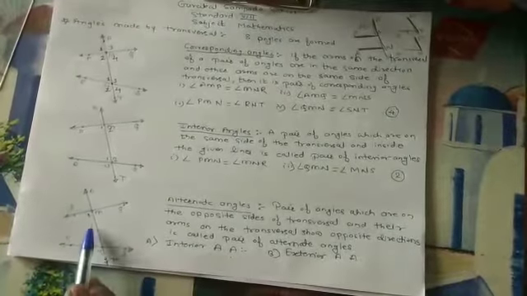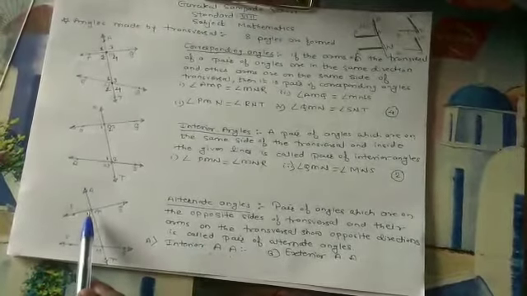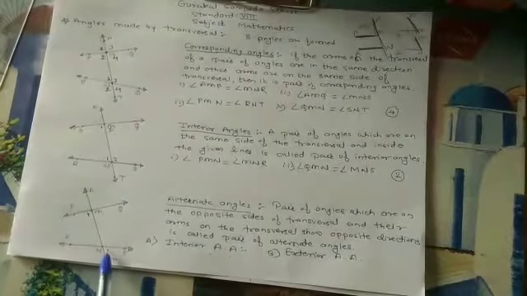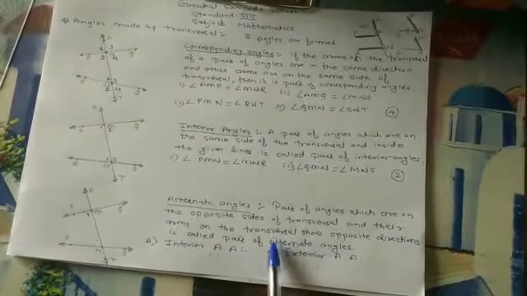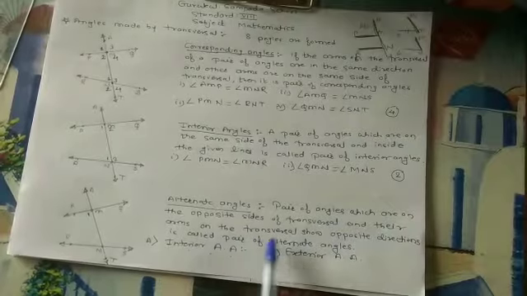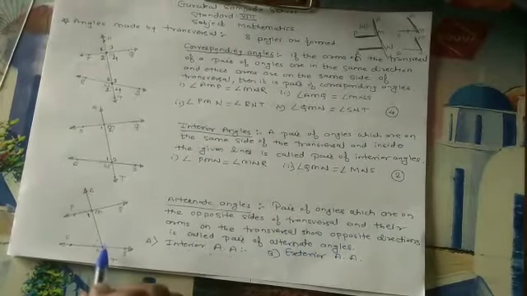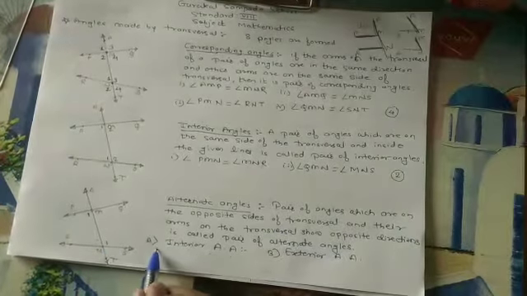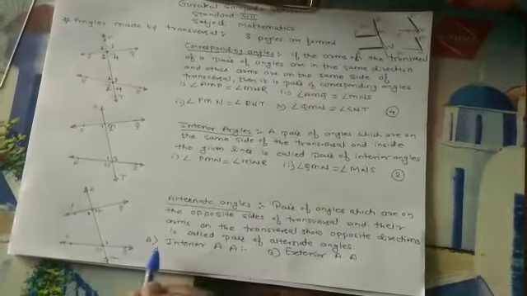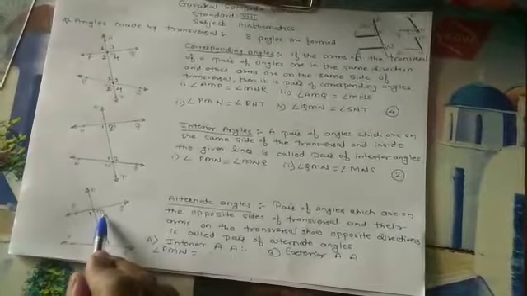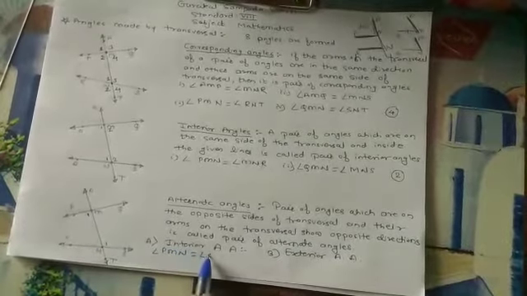But now the same angle on the opposite side, because here the arms are on this side, and the second condition is that the other arm should be on this side, since their arms on the transversal show the opposite direction. So the first interior alternate pair is angle PMN, which is equal to angle MNS.